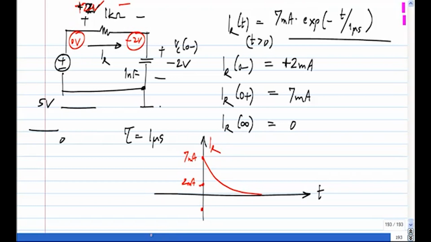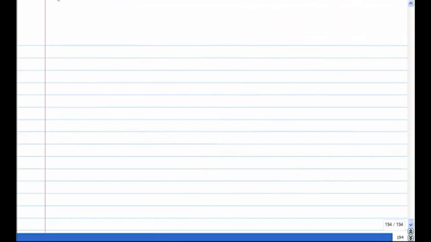The only complication, additional complication, is when you have loops of voltage sources and capacitors. So the way to go about solving for these things is, first you determine the time constant.